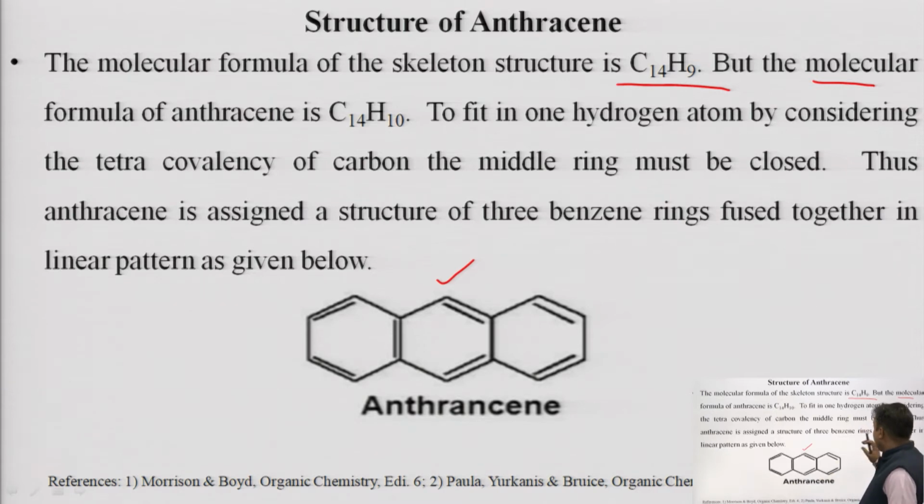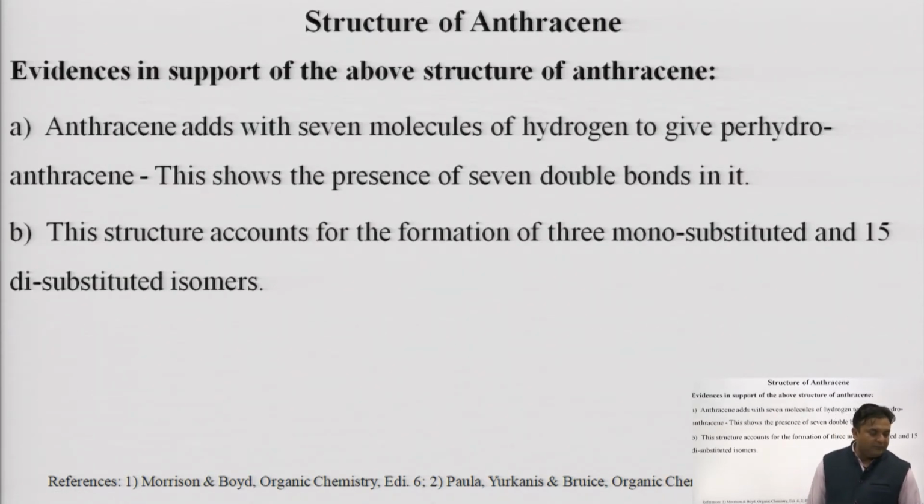To fit in 1 hydrogen atom, considering the tetracovalency of carbon, the middle ring must be closed. Thus anthracene is assigned a structure of 3 benzene rings fused together in a linear pattern, as you can see in the structure. I think it is clear now in your minds.